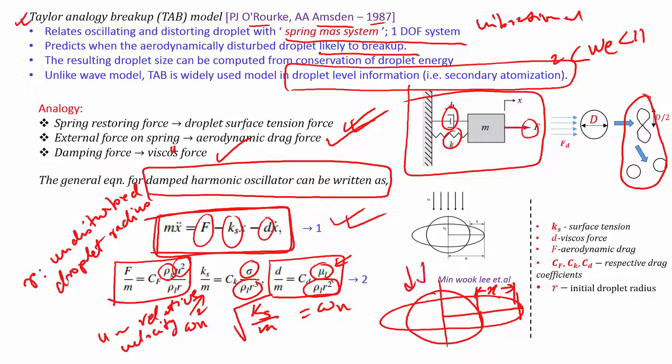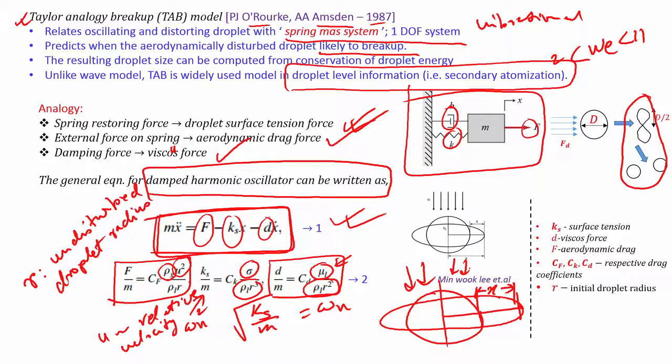The aerodynamic force is coming this way, so that is the displacement of the droplet equator. When this displacement becomes very high, what would happen? The droplet will undergo breakup, and we will see when it actually undergoes breakup.